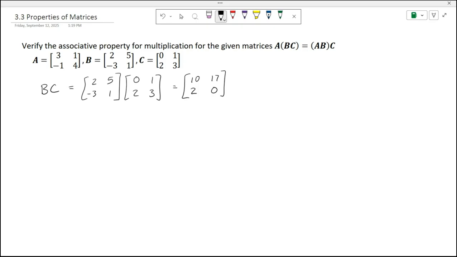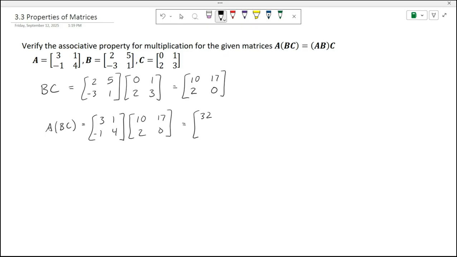So now the left side of this property says I can take A times that product, BC. So I'm going to take the matrix A, which is 3, 1, -1, 4, and I'll multiply that by 10, 17, 2, 0. Okay, so first row times first column, 3 times 10 plus 1 times 2, that's 30 plus 2 is 32.